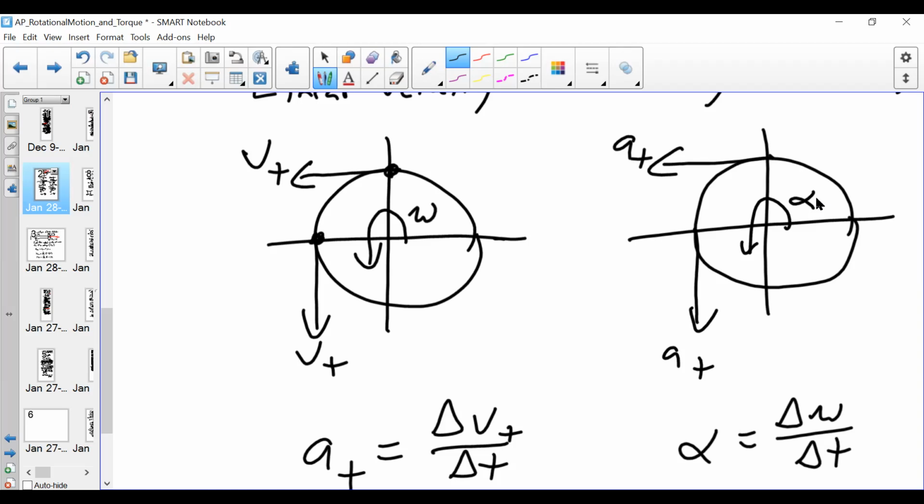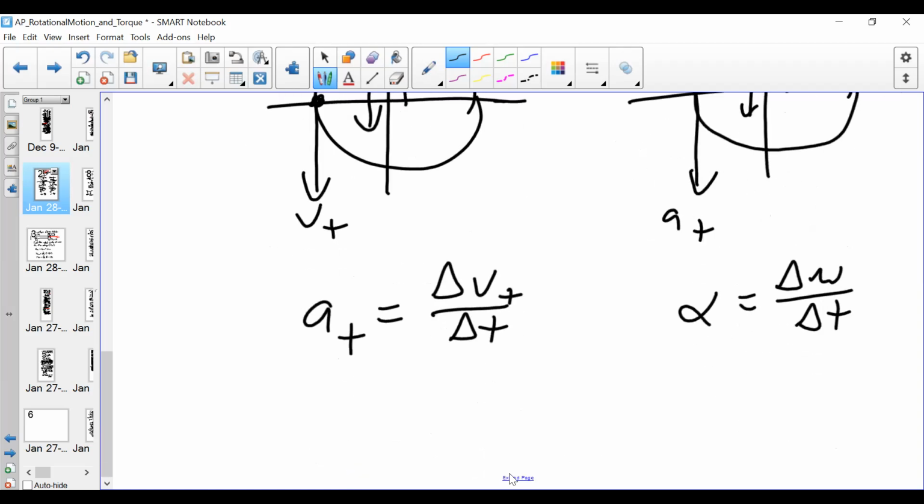That's changing this velocity, the tangential velocity on the outside. And of course, we're only going to have a tangential acceleration if there's an outside force. That outside force is going to be important later on as we talk about the concept of torque.